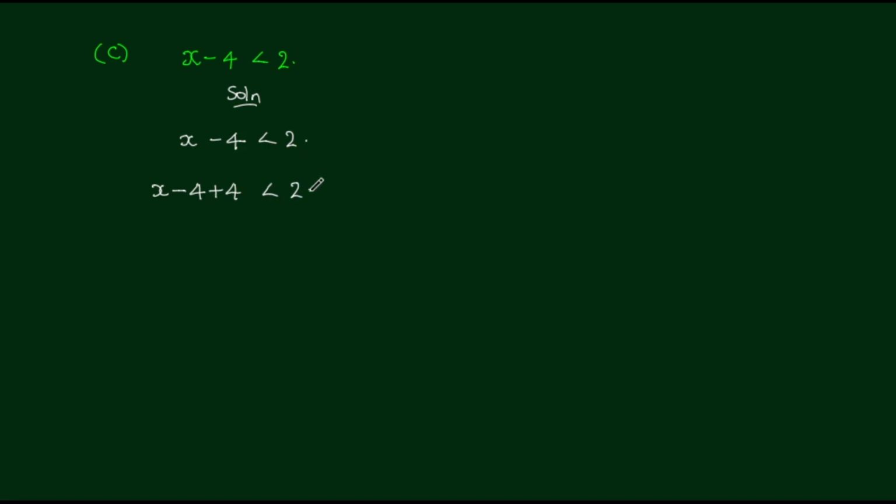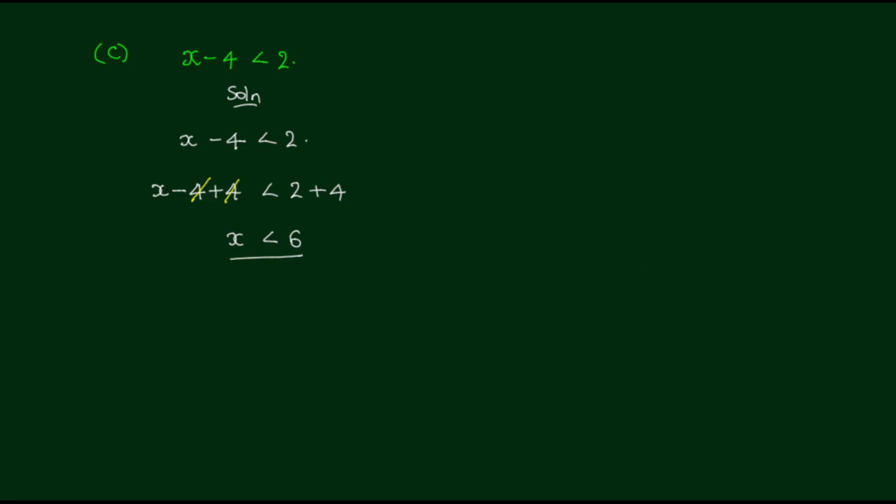So 2 plus 4. Now here the 4 from the left hand side of this inequality will vanish, and we're only left with x. So this will be less than the sum on the right hand side, which is 6.